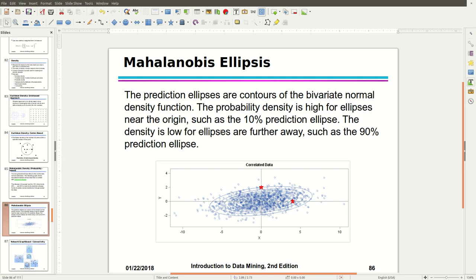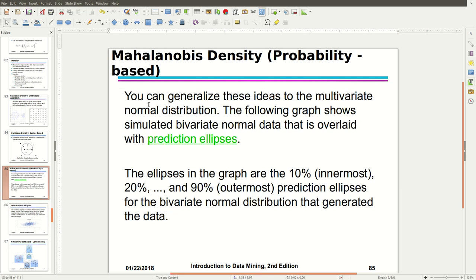The density is low for ellipses that are further away, such as the 90% prediction ellipse. So initially these are higher, and as you go out it will become low. So the probability density is high for ellipses near the origin, such as the 10% prediction ellipse. Density is higher there. As you go out, the density will come down. So this is based on Mahalanobis density.